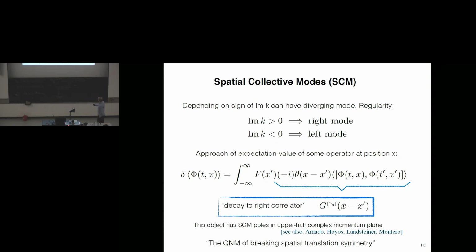And this, in this context, can be written as, well, the usual commutator. So I'm thinking that f is some source, and then I'm sourcing it with the same operator that I'm probing, just to not introduce too many quantities here.